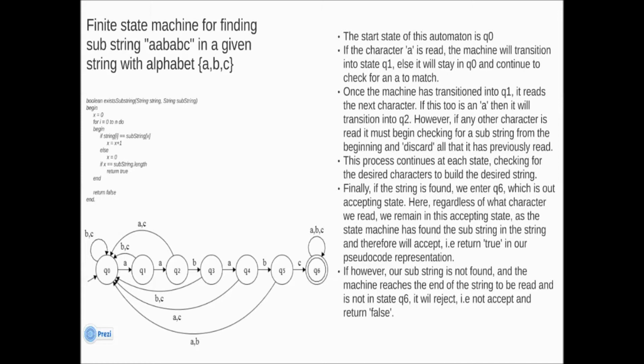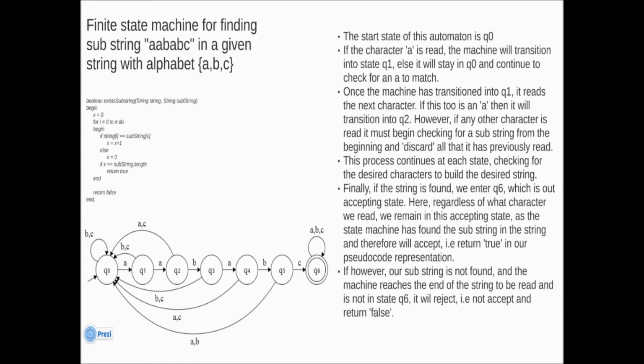Along that line, if we read any other character that isn't a part of our substring in the order, then we will go back to state Q0, as that string is not the one that we are looking for. So we must therefore start from the beginning to match this substring. Much like the pseudocode when we reset x to 0 if we read another character that isn't part of our sequence in our substring.